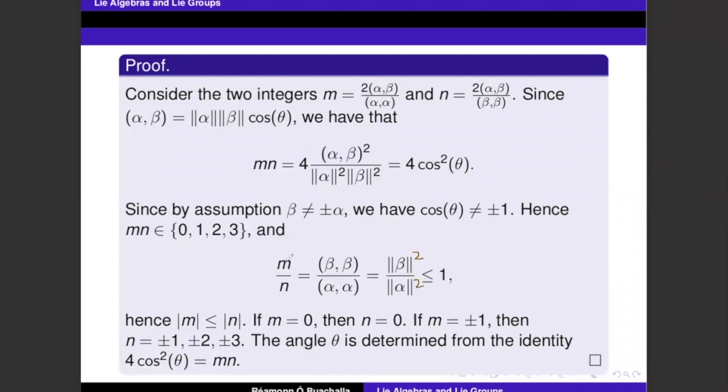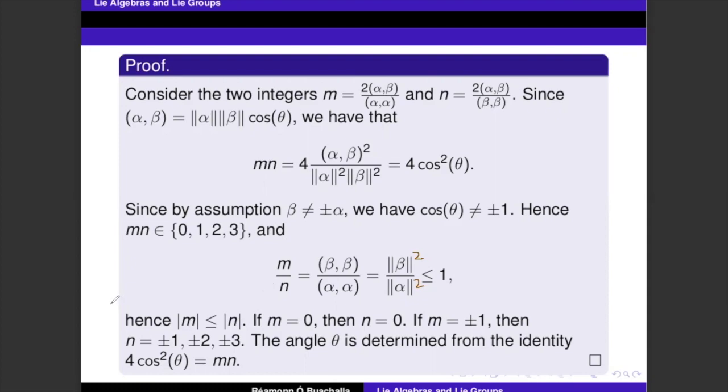Okay, n over m is equal to beta beta over alpha alpha, because we've got a cancellation occurring between this, and the 2 and the 2. These are equal to, and we know then by assumption that the norm of alpha is greater than or equal to the norm of beta. So we know that this is less than or equal to 1. Hence, we know that the absolute value of m is going to be less than or equal to the absolute value of n.